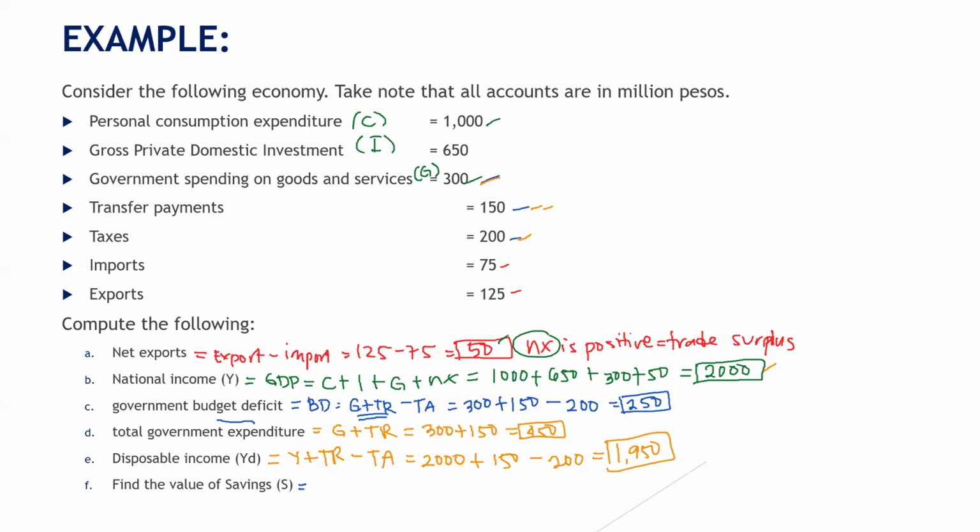So we have here the savings is equivalent to investment plus the budget deficit, so we have G plus TR minus TA. So this is already the budget deficit, we already derived it.